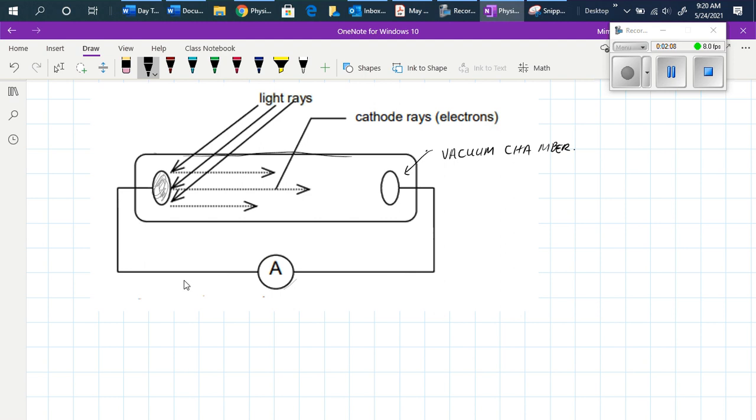When he was changing the plate, the electrons were or were not able to reach the other plate in the vacuum chamber.